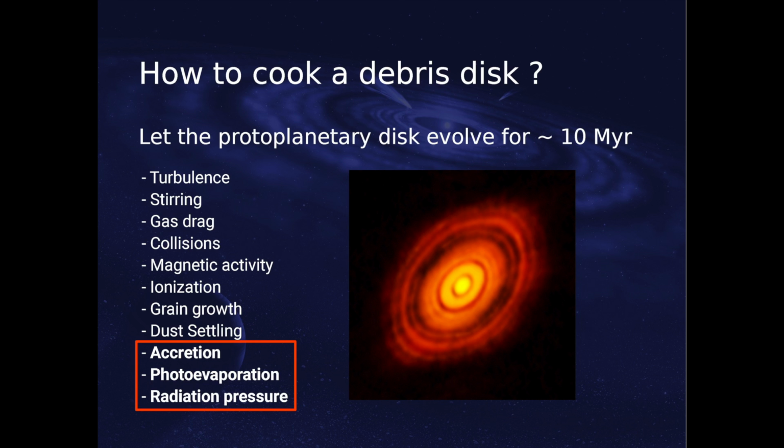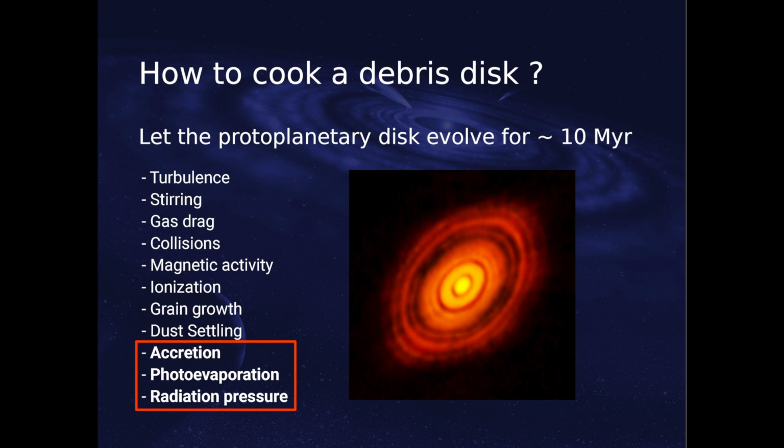This protoplanetary disk is going to evolve for 10 million years, while all these processes have something to do with planet formation inside the disk. And the three main mechanisms responsible for removing the gas out of the system are accretion, photoevaporation, and radiation pressure. This protoplanetary disk at the beginning is 99% gas and 1% dust.